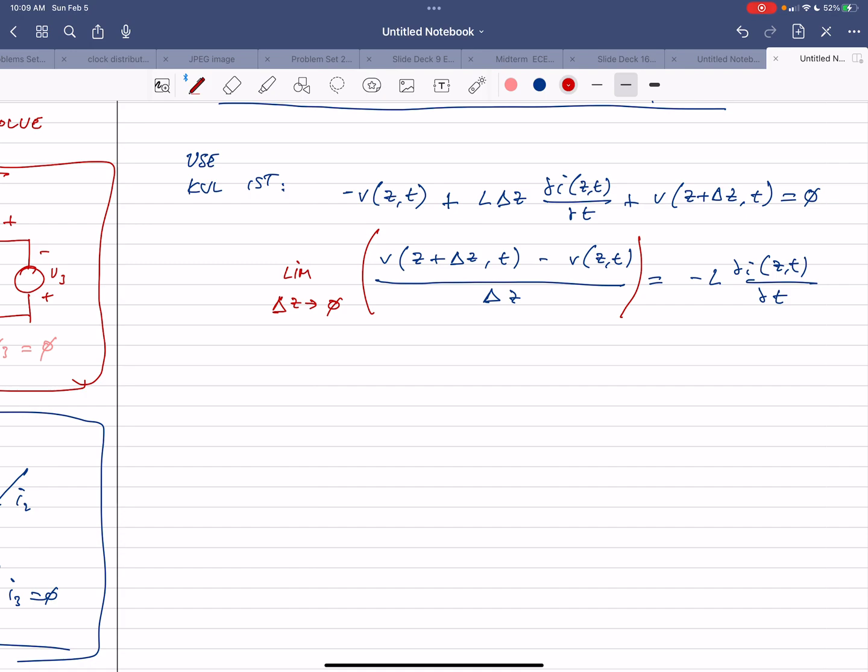So what we're going to end up with in the limit as delta Z gets really small is dV of Z, t over dZ, equal to minus L di of Z, t, as a function of time. So this is going to be our equation 1.